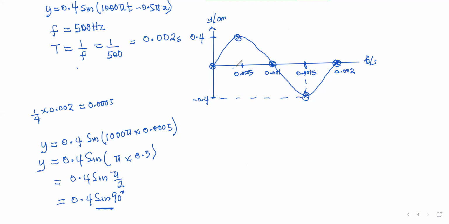Let's answer this one. This is the question where you must apply your knowledge. You have a simple pendulum. The diagram below illustrates an oscillatory pendulum. This is a fixed point.